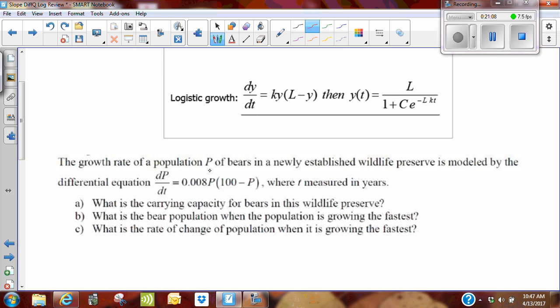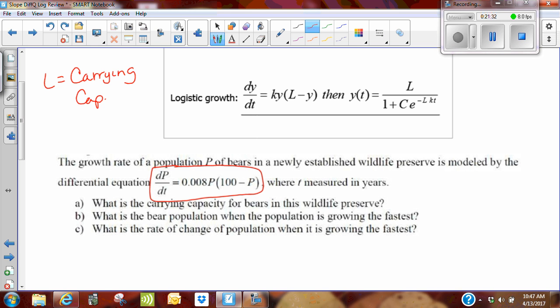So you have the population of bears given by this equation right here. What about the carrying capacity? What out of this formula do you remember was the carrying capacity? L. So L was the carrying capacity, which means the maximum population in a problem like this.